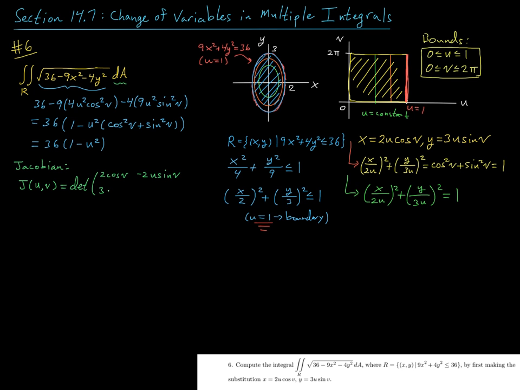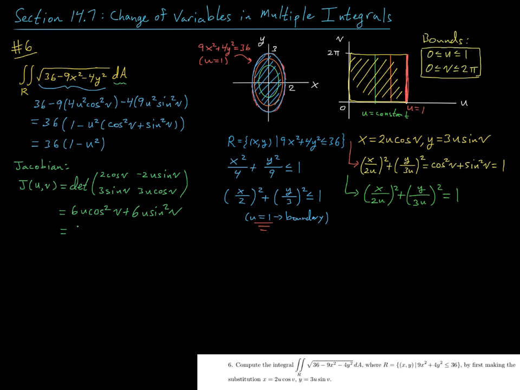Then for the y derivatives, I'm going to have the u derivative of y. That's going to be 3 sine v. And then for the v derivative of y, that's going to be 3u cos v. All right. And so taking this determinant, I'm going to get 6u cos squared v, and then I'm going to get a minus a minus, so that'd be a plus 6u sine squared v.